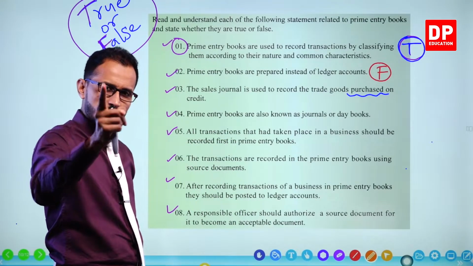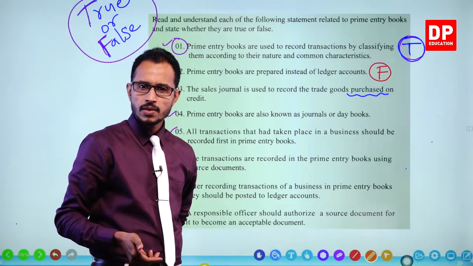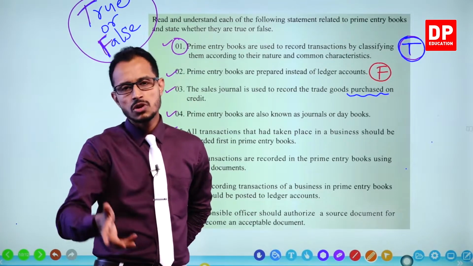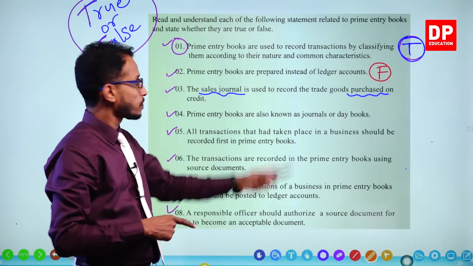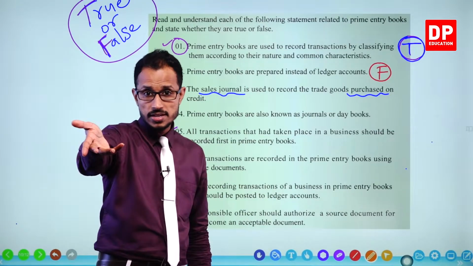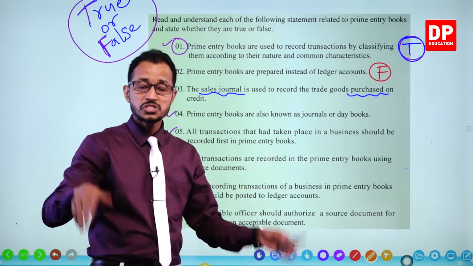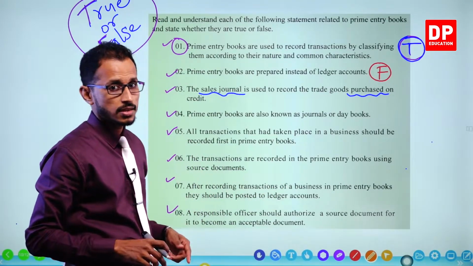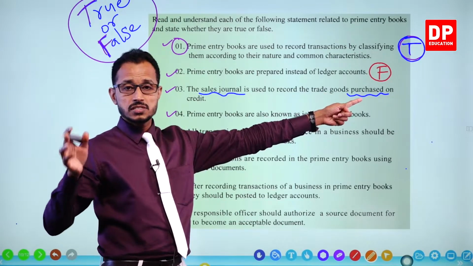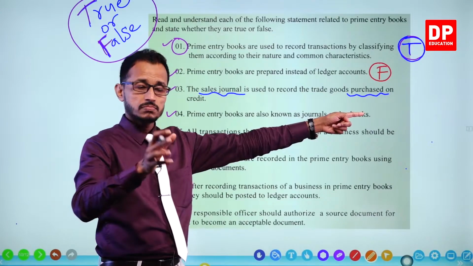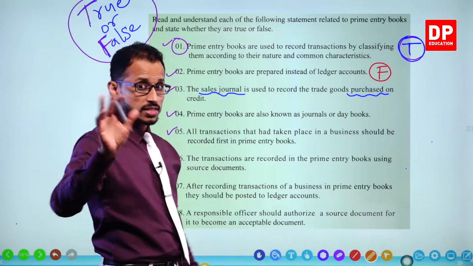Selling of goods, sales on credit. If you sell goods on credit, that should go to the sales journal. Selling goods on credit should go to the sales journal, not purchasing goods on credit. Purchasing goods on credit, every single purchase, you enter them in the purchases journal, not in the sales journal.